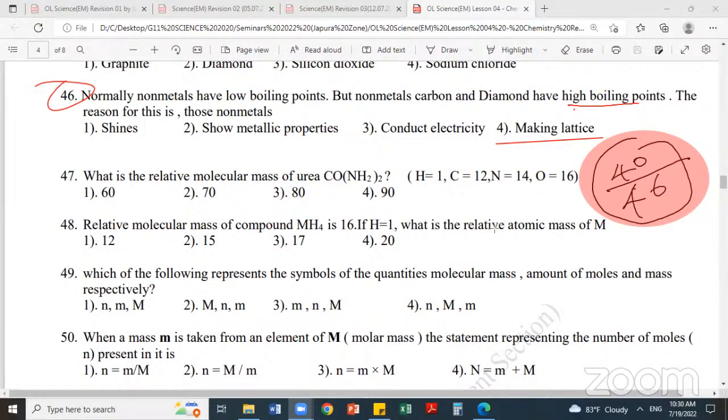Devi, how many did you get correct? 40. 41. 40. Very good. Natasha? Hansi? 43. Anutpi? Malisha?